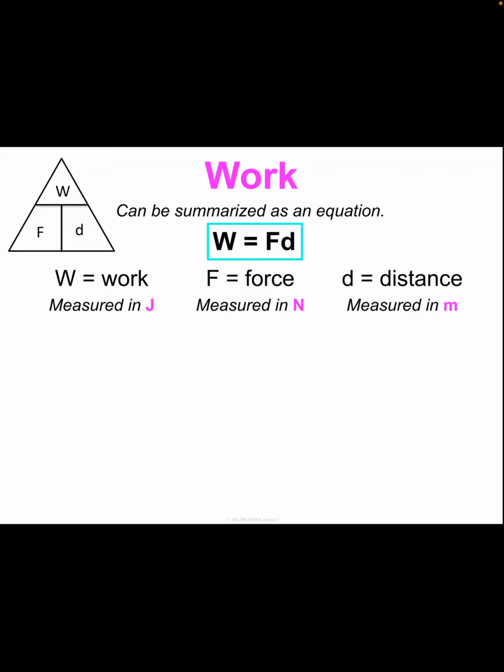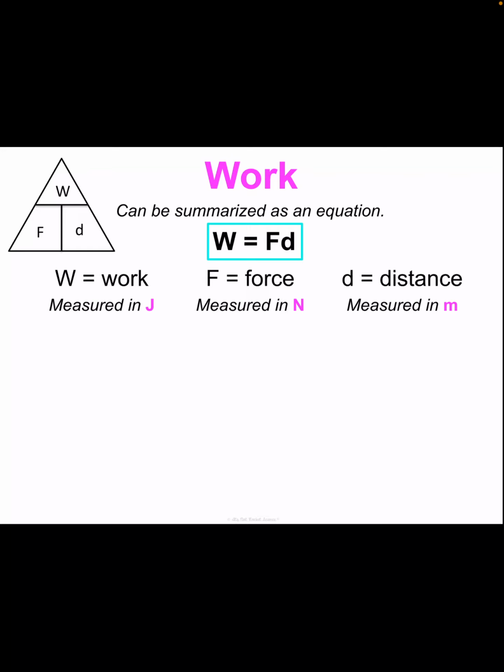So now before we do the practice problem, go ahead and write down the triangle if you have not already. If you want to put it in the top corner of your paper or in the margin somewhere nice and big where you can reference that or see that. And so again, how we use it is that the W's on top, the F and the D are on the bottom.